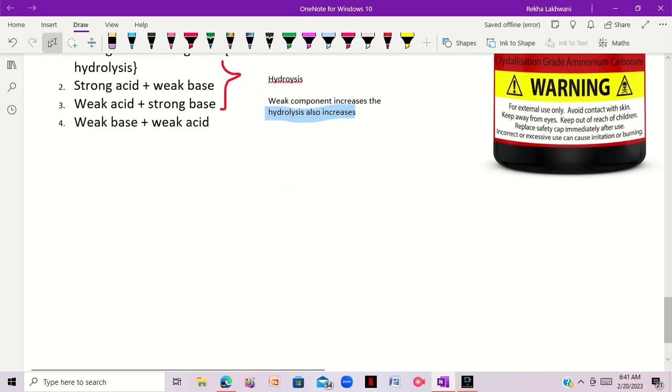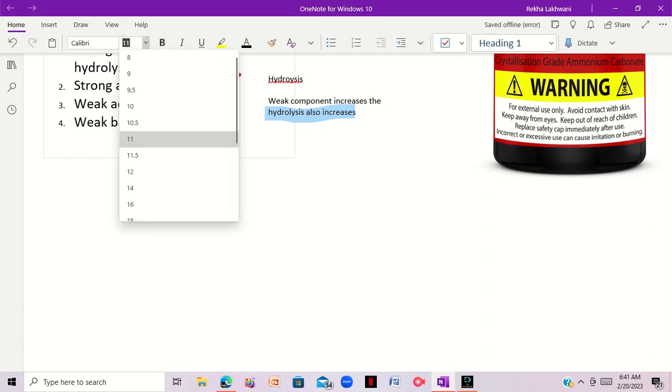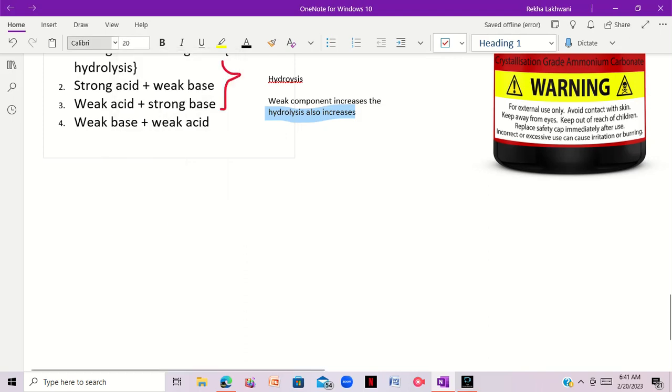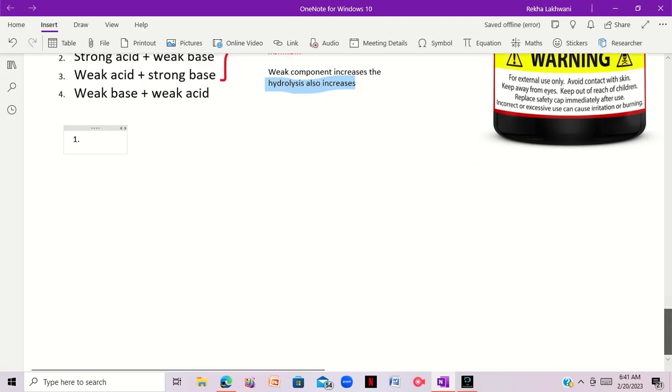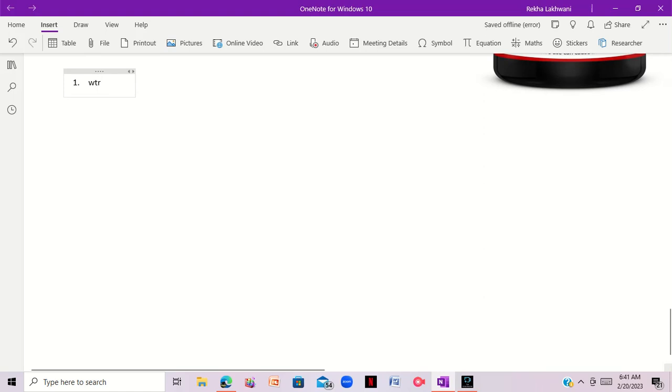Number one type of salt is strong acid plus strong base, right?